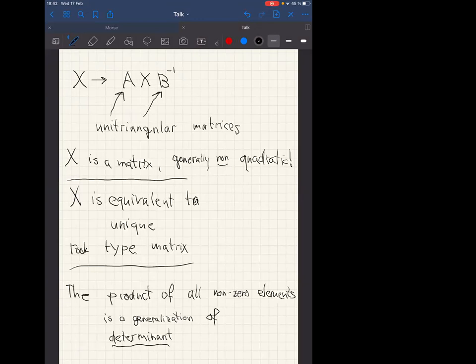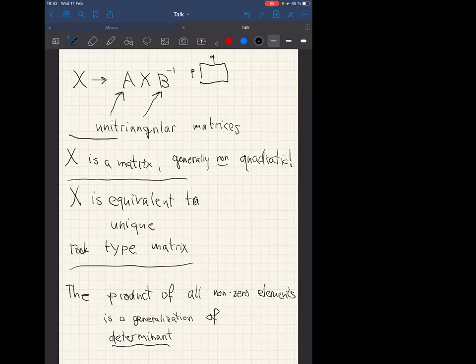Consider a space of all matrices of size P by Q, non-square at all. One side is P, and the second side is Q. And consider a left-right action of upper triangular groups on it. We multiply on one side by one upper unitriangular matrix and on the other side by another unitriangular matrix.